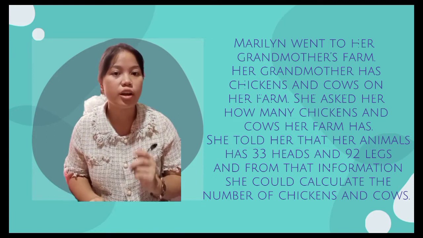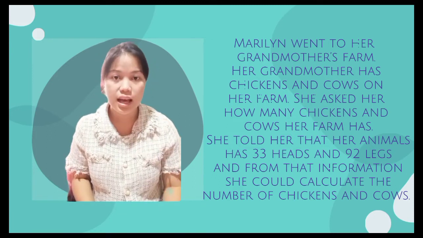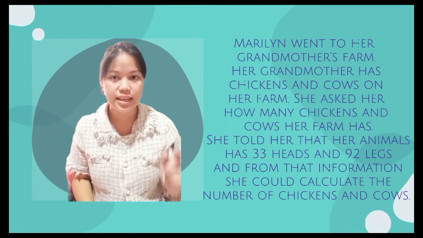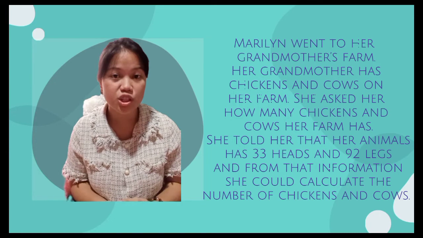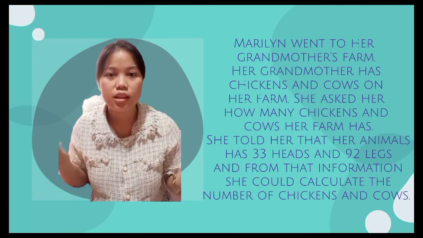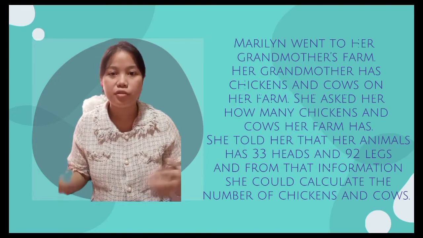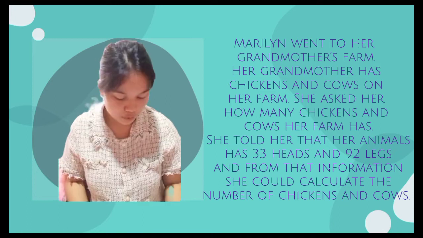She told her that her animals have 33 heads and 92 legs. And from that information, she could calculate the number of chickens and cows. This problem is like the previous one, but with different animals and numbers of animals.